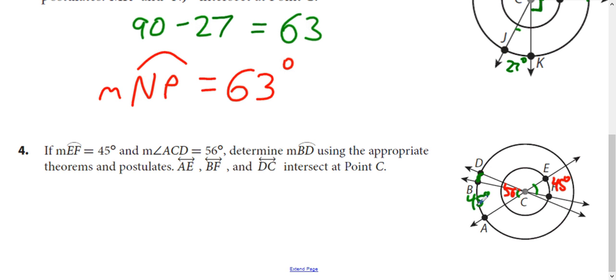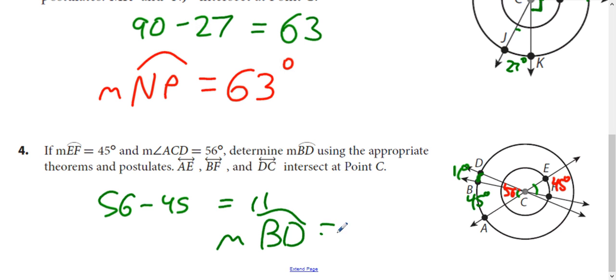So 45 plus whatever BD is equals 56. So we can subtract. We get that this part must be 11 degrees. So the measure of arc BD is 11 degrees.